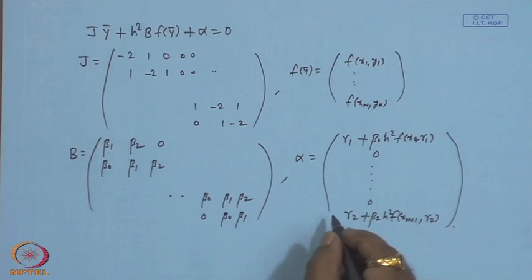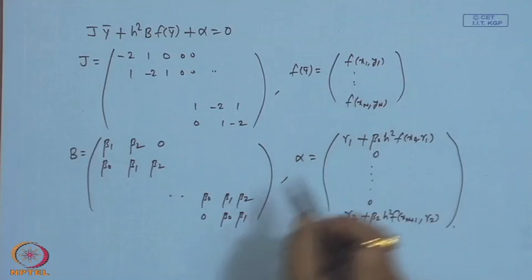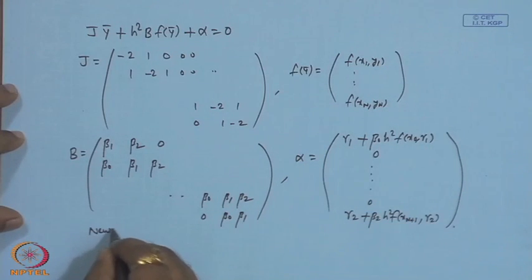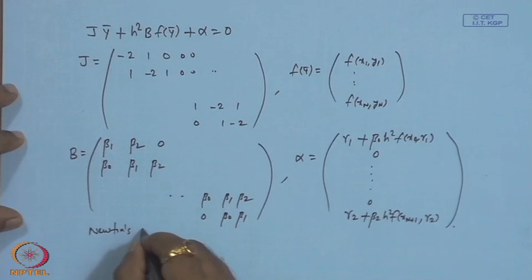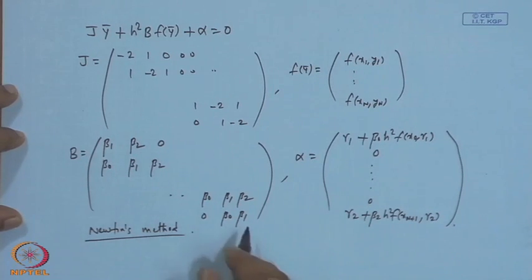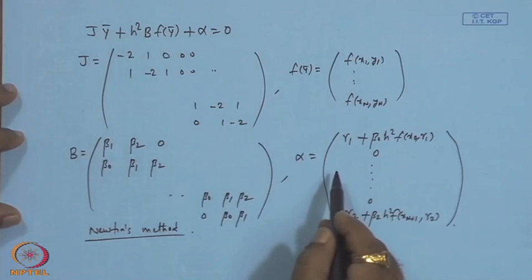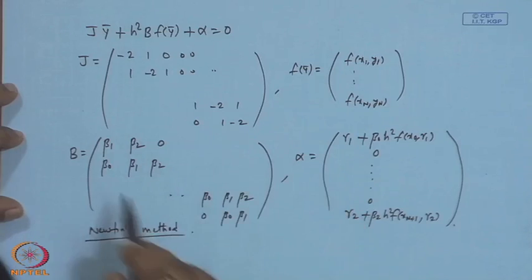So, this system is, because we have f contains this, which is a nonlinear type. So, again one can solve using Newton's method, okay, and similar conditions on this matrix hold corresponding to the linear case.